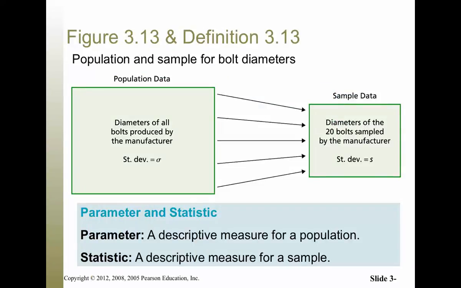All right, so this is what we're talking about. You have population data. It has some standard deviation, say the diameters of all bolts produced by the manufacturer. You're not going to measure every bolt that comes out of their factory, right? So they take a sample of 100 bolts or something, and they get their diameters.